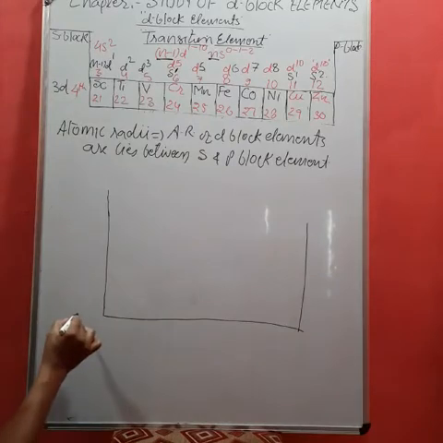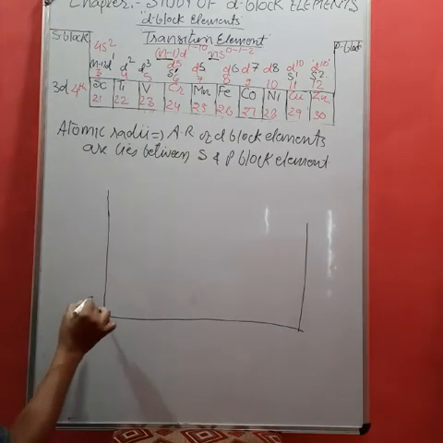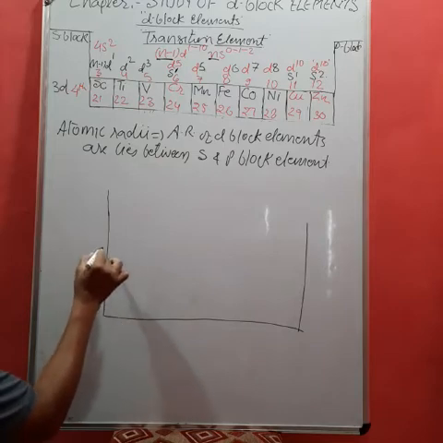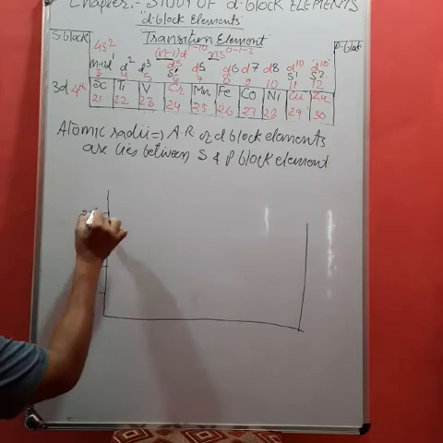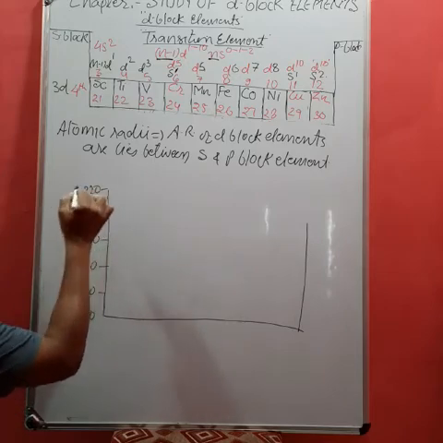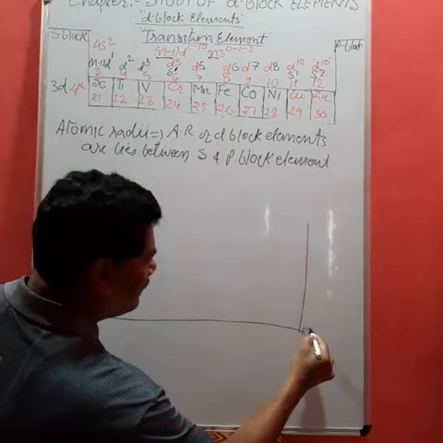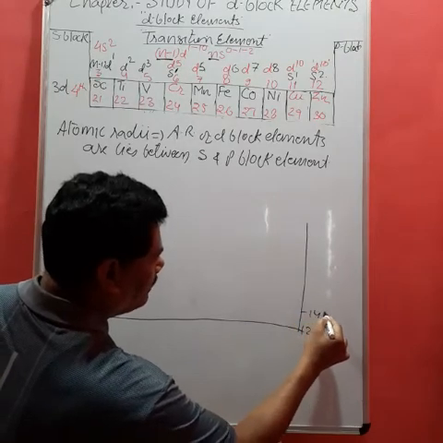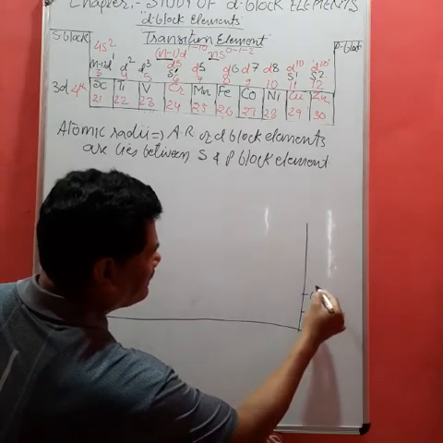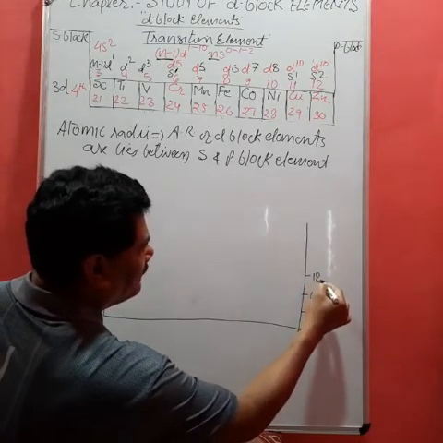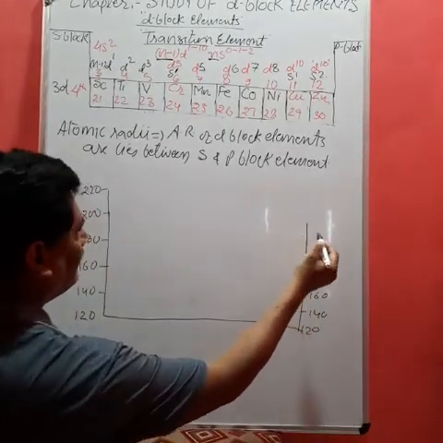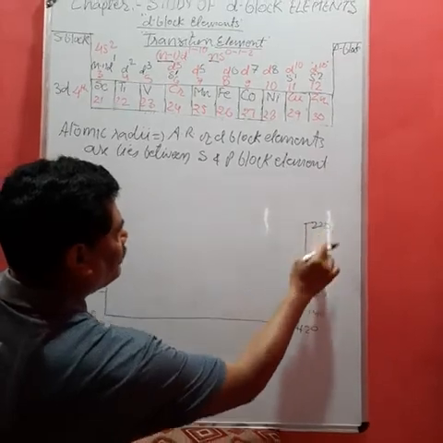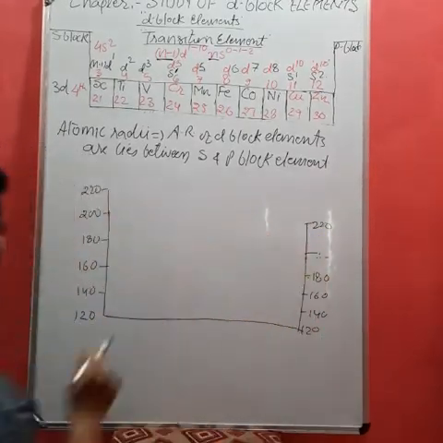Like if its size is 120 picometer, 140, 160, 180, 200 and 220. Similarly, you can write here 120, 140, 160, 180, 200, and 220, in this way.